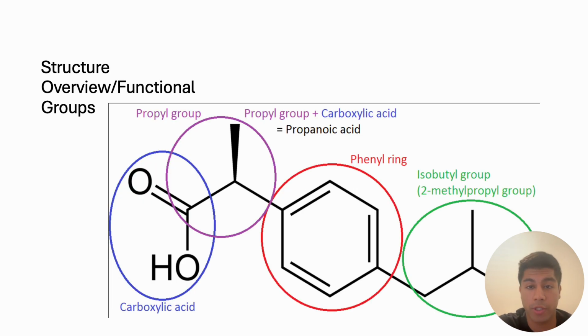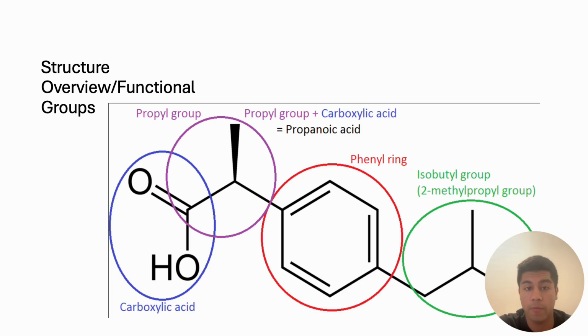Jumping into the structure of ibuprofen, we can identify the main functional groups. So first we have a carboxylic acid group on the left. This gives the molecule its acidic properties and allows it to interact with enzymes. Secondly, we have a phenyl ring, which is an aromatic benzene ring functioning as a substituent.